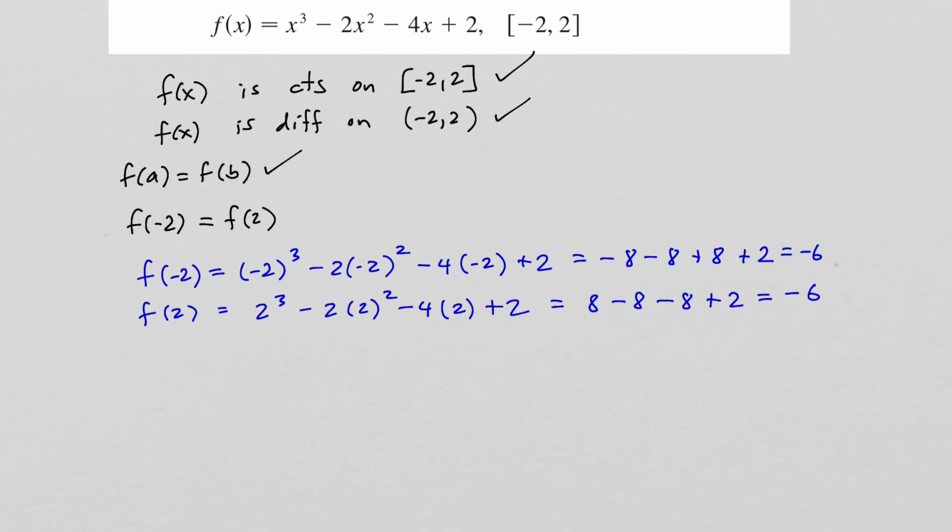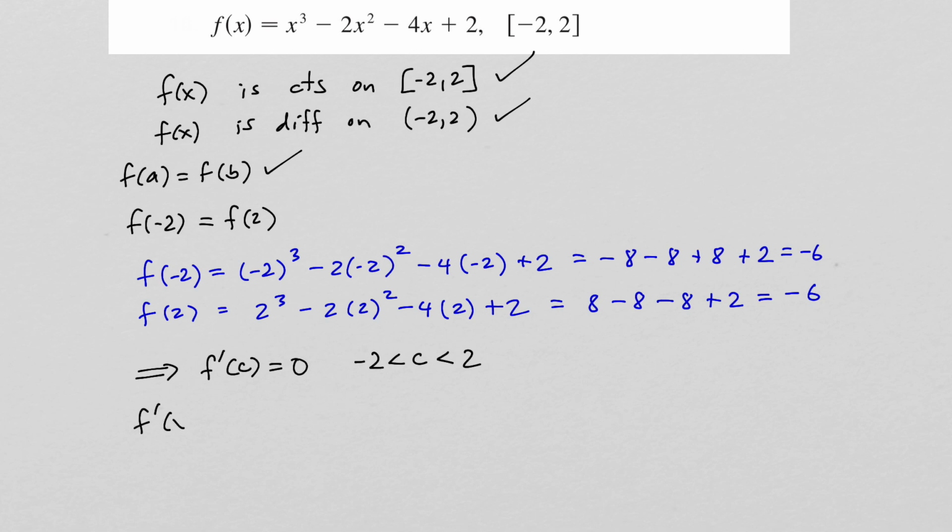So now we want to find all values that satisfy Rolle's theorem. The conclusion of Rolle's theorem is that f prime of c must be equal to 0 for some value of c that is strictly in between, in this case, -2 and +2.